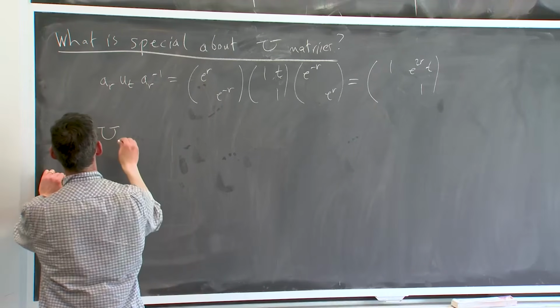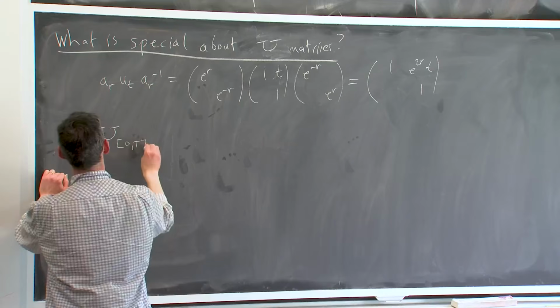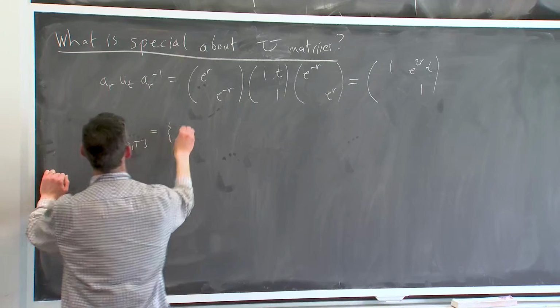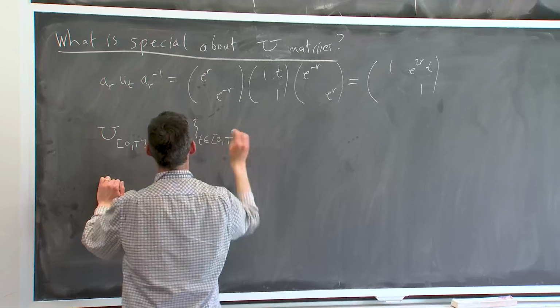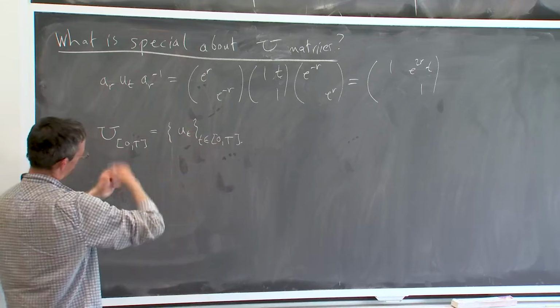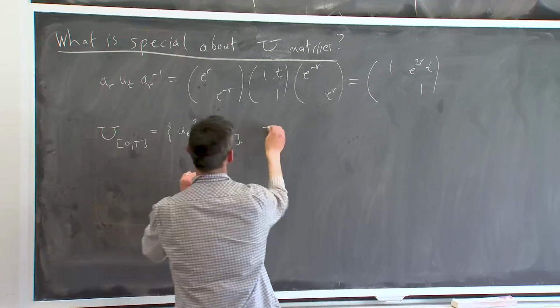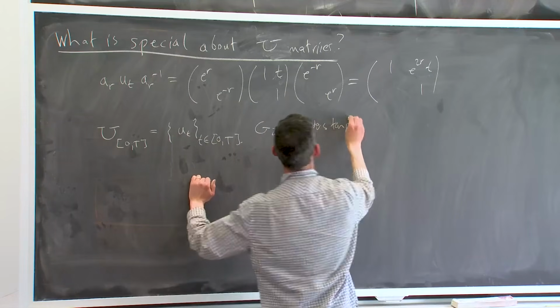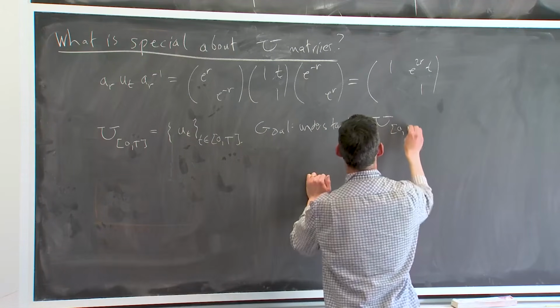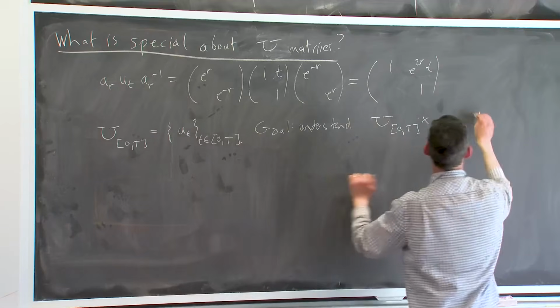So let's say u_0^T. This is a set of unipotent matrices. This is u_t, t goes from 0 to T. And so to understand an orbit, our goal is to understand u_0^T of x, where T is large.